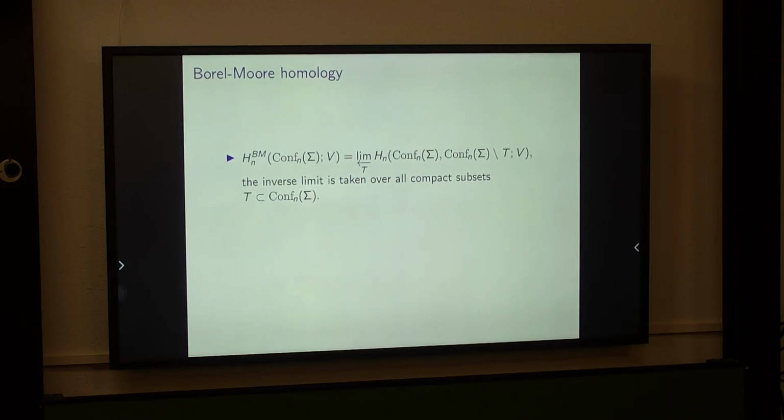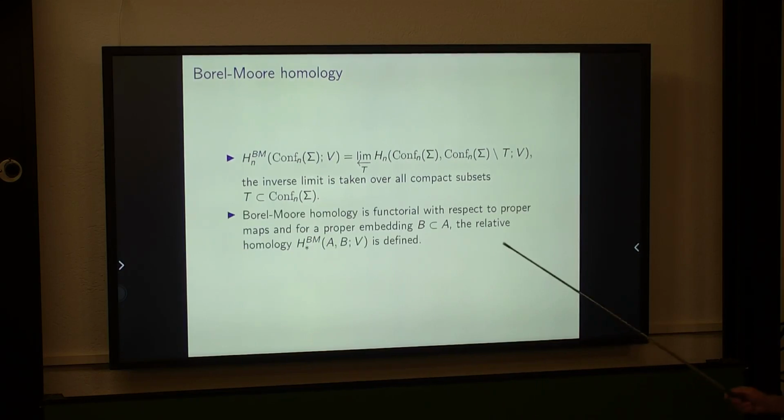So this is natural. You should think about this as homology relative to the boundary at infinity, and in our context, it will be more convenient. This Borel-Moore homology is functorial with respect to proper maps, for which the inverse image of a compact is compact. And for a proper embedding, you also have relative Borel-Moore homology, as usual. But it should be a proper embedding.